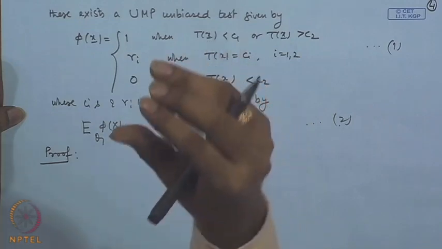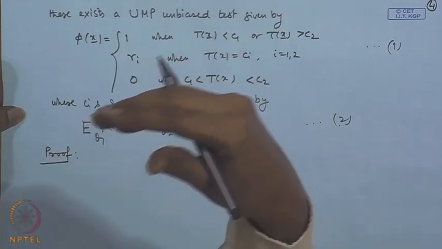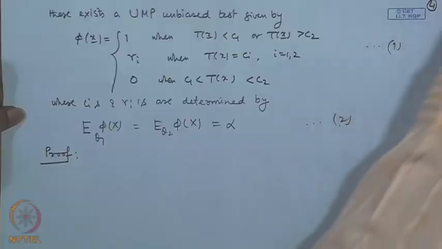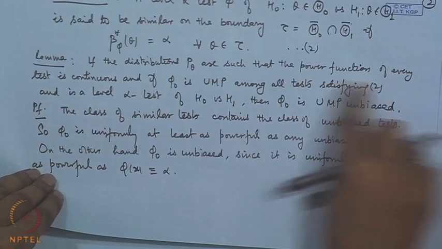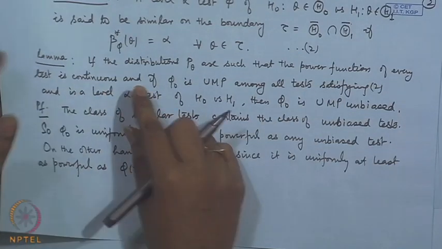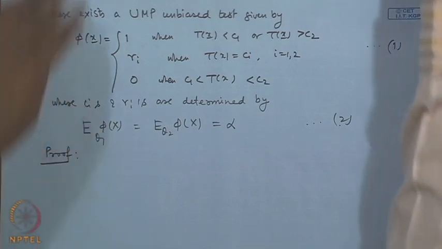In the exponential family, if I have an integrable function, the integral or the expectation is a continuous function. Because to apply the lemma, what we wanted here is that the power function of every test is continuous. So, the power function here will be the expectation of phi(x). So, this should be continuous.